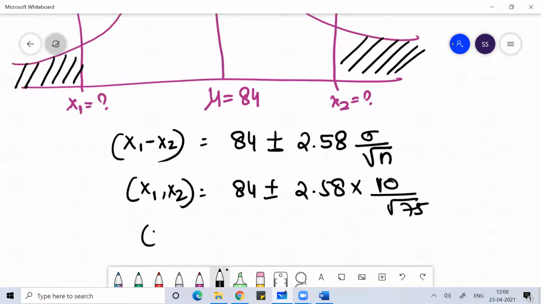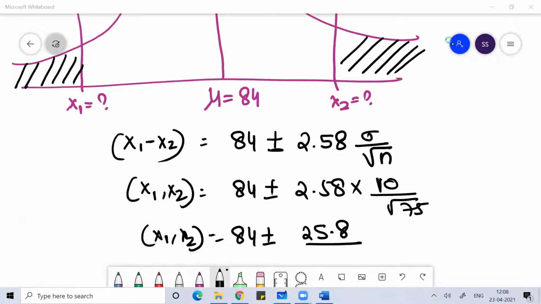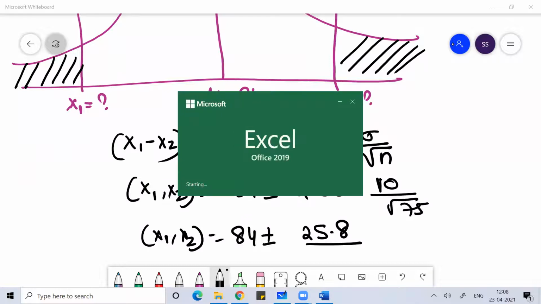So the values of x1 and x2 will be 84 plus or minus 2.58 into 10, which is 25.8, divided by root 75. What is root 75? You can open a calculator.